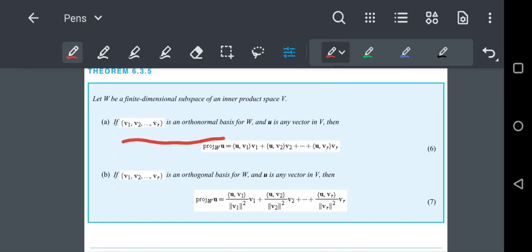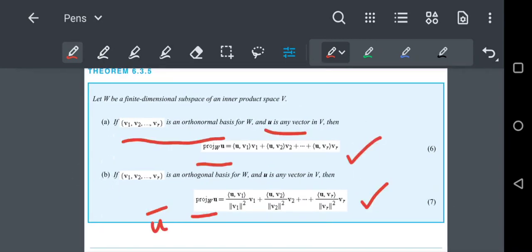So here, if V1, V2, up to Vr is an orthonormal basis, and U is any vector, then the projection of U in W can be written in the same way as we did for the previous case. And if you do not have an orthonormal basis, then we can normalize it, and this formula also we came across in the previous class. Instead of U here, we are going to write projection of U in W. So nothing will change.